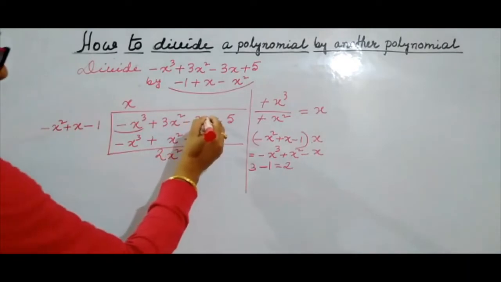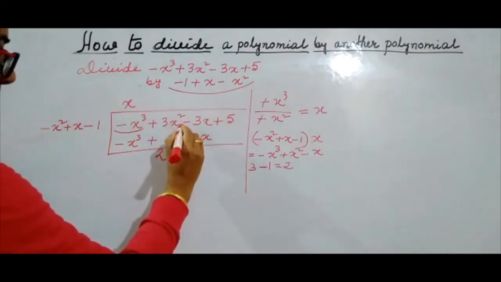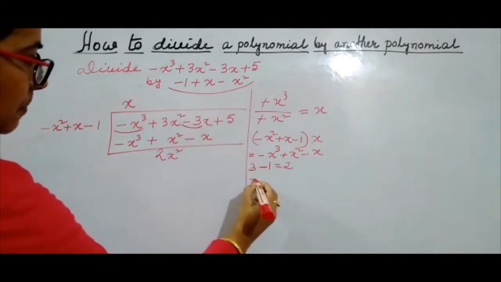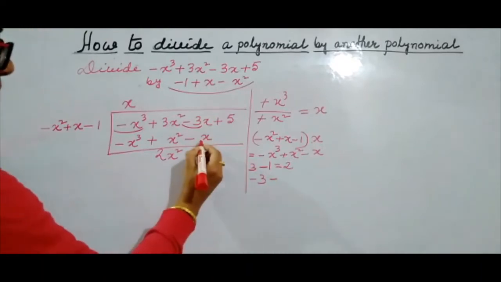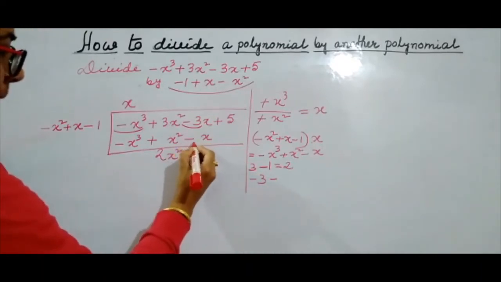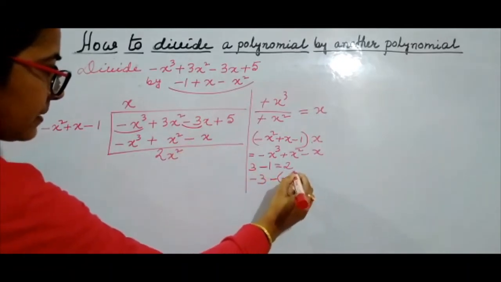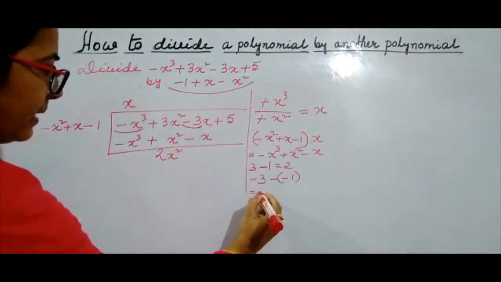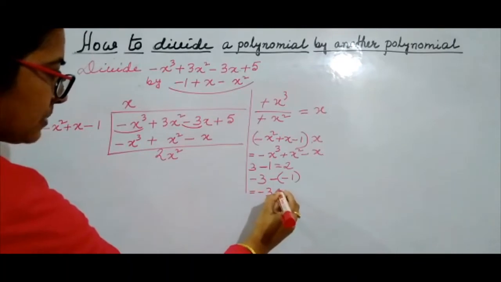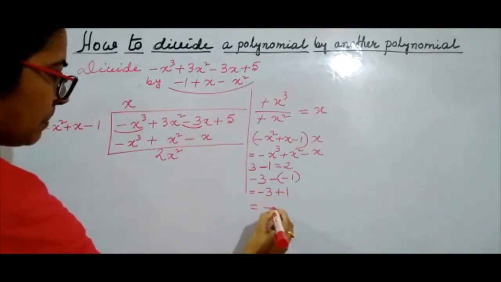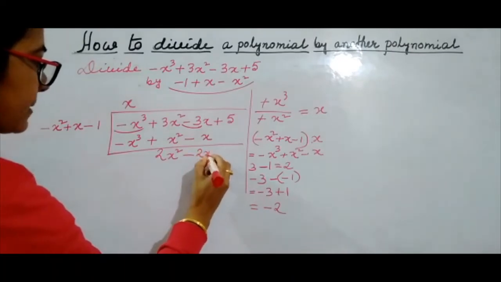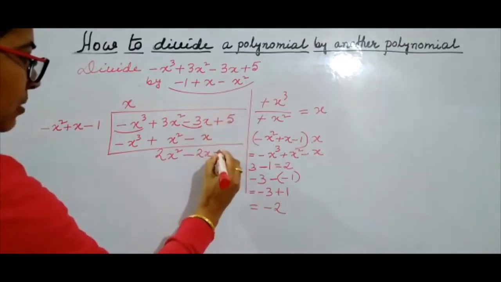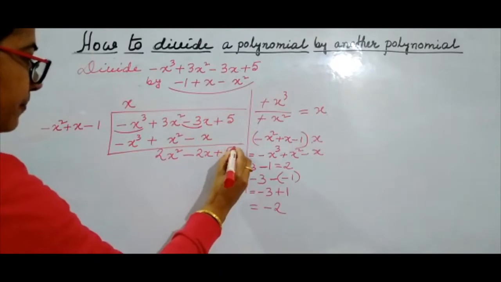Now here coefficient of x is minus 3 with sign, minus 3 we are subtracting, for that one minus sign, coefficient of x is again minus 1, right in bracket. Very important, plus 1, so which is equal to minus 2, so it will be minus 2x. Now this term will come down, plus 5.